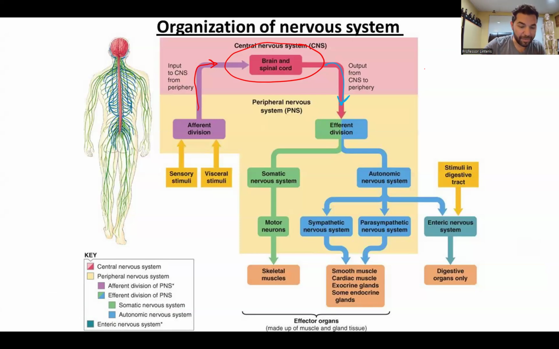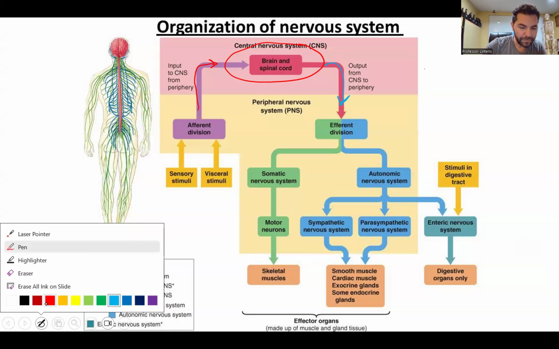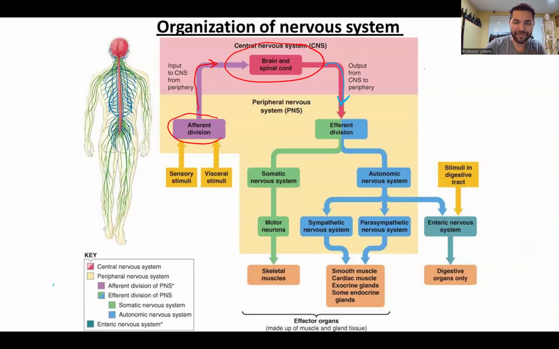The sensory components are referred to as afferent, and afferent means going to. And all messages, and we'll talk about what these are and how they're generated, all these messages going to the central nervous system will be called afferent messages, and these are all sensory.